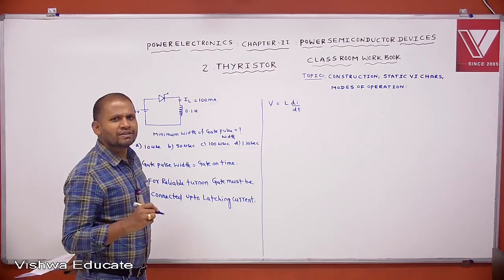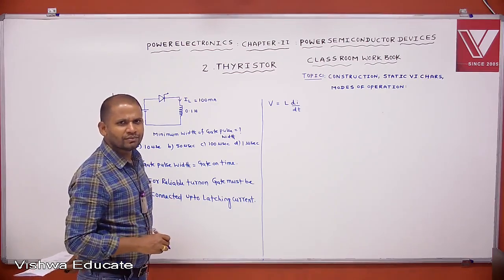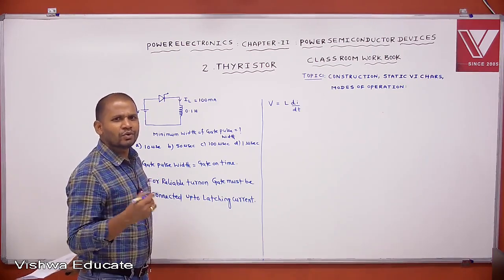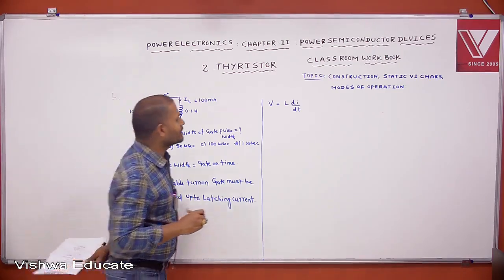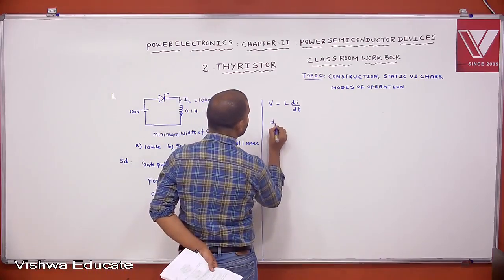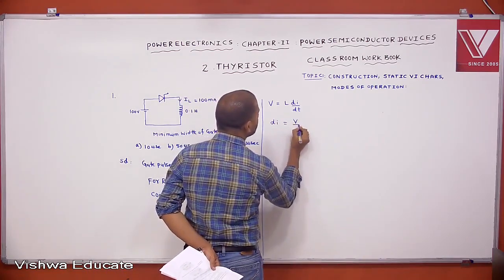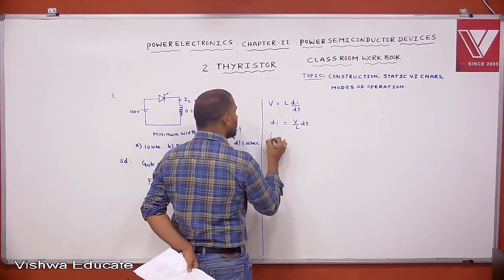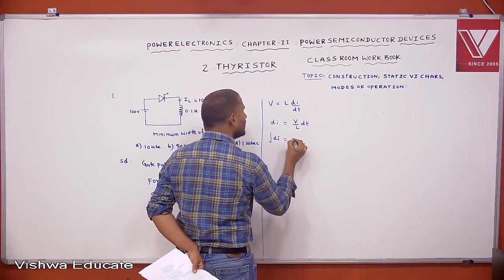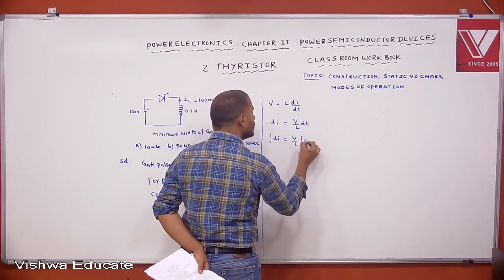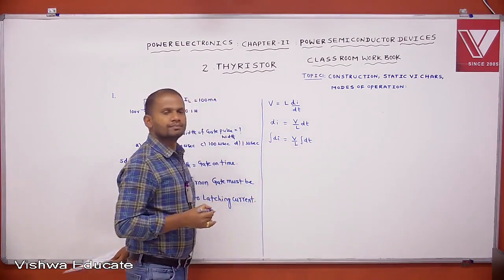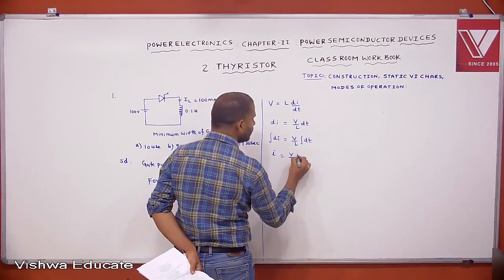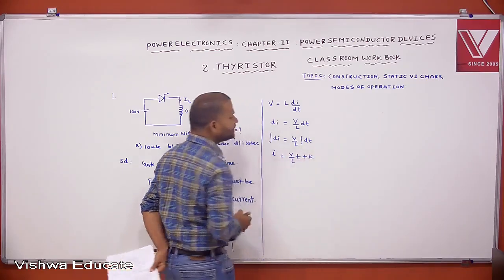If initial conditions are given, you can substitute them. So write di equal to V by L into dt. Then integrate both sides: integral di equal to V by L into integral dt. Then i equal to V by L into t plus some constant K.